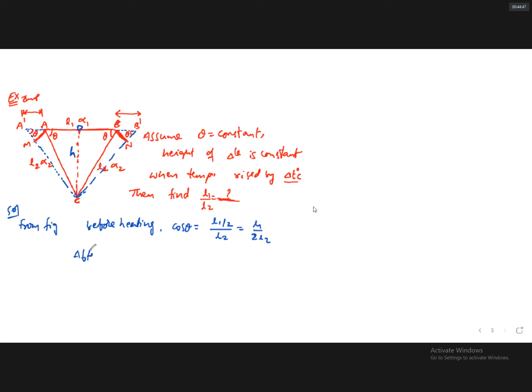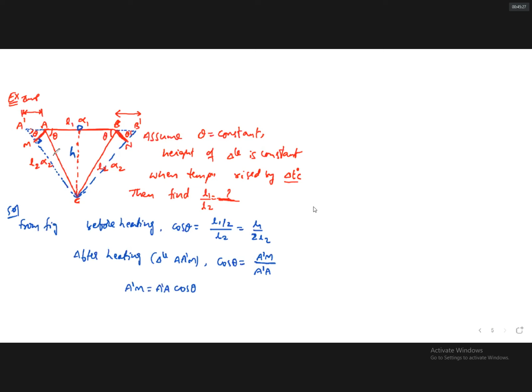And after heating, from triangle AA dash M, here we have a right angle. Hypotenuse means AA dash, and adjacent side means A dash M. A dash M is the adjacent side, but A dash A is the hypotenuse. Therefore, A dash M is equal to A dash A into cos theta.